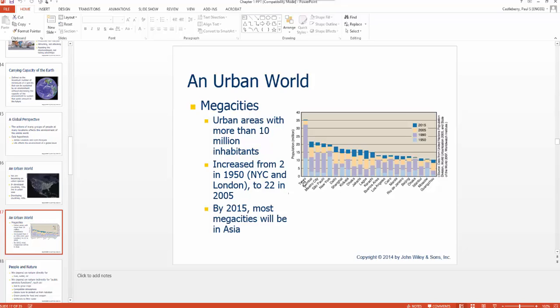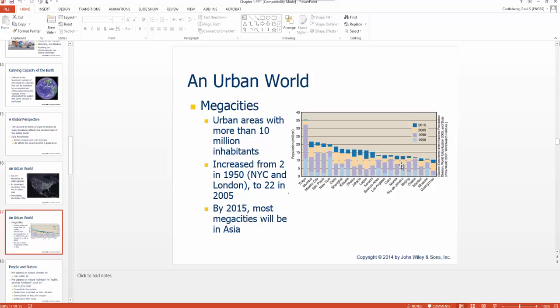Some of this you recognize: Tokyo, Mexico City, New York, Lagos, I believe, is in Nigeria, Buenos Aires, LA, and so on. So Beijing. What you notice, you see a lot of Asian cities represented here. And like we said, the majority of the megacities will be in Asia.